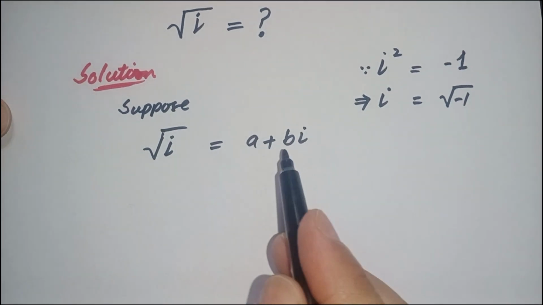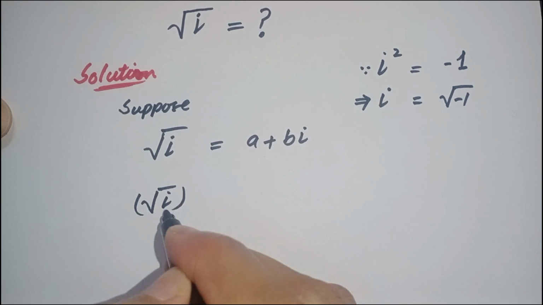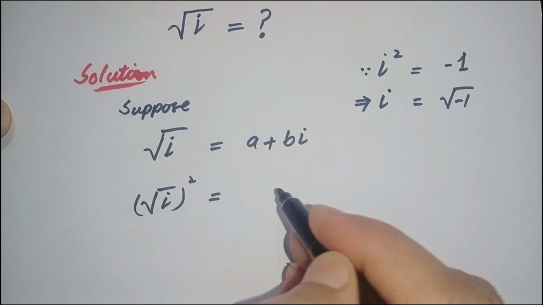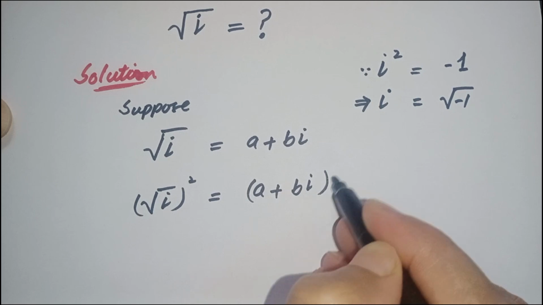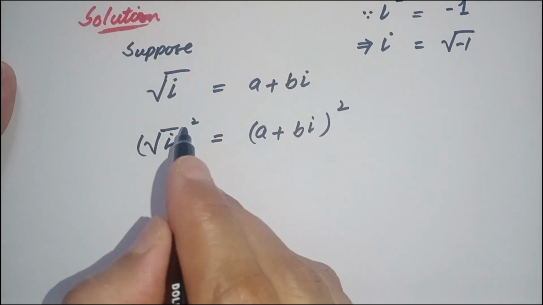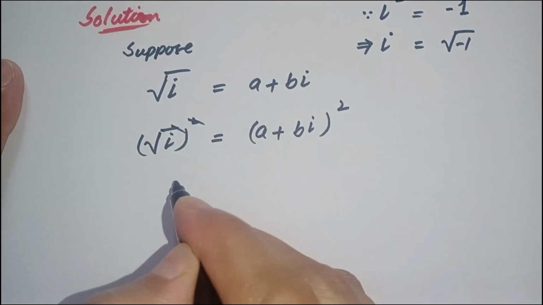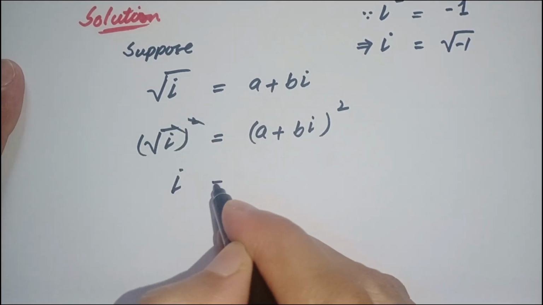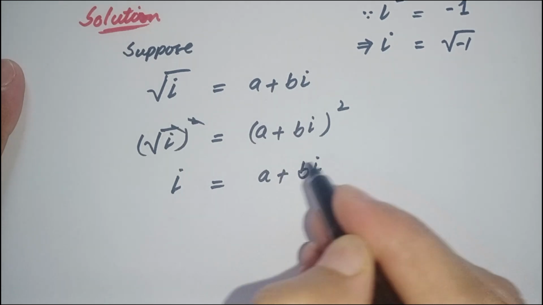Taking the square on both sides, square root i whole squared is equal to a plus bi whole squared. The square will cancel out with the square root, and we will get i is equal to a plus bi whole squared.